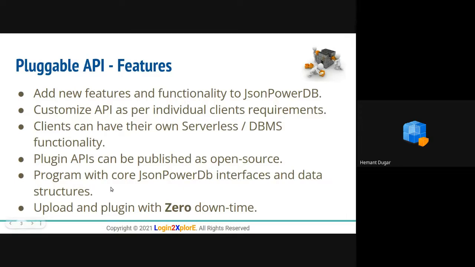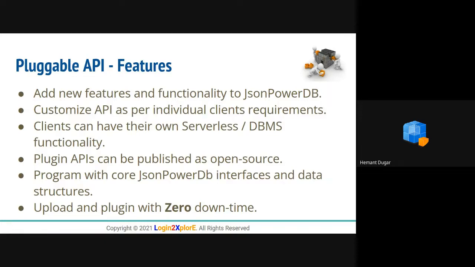So you will have core access to JSON Power DB functionalities. And then you can upload and plug in with zero downtime. Whenever you upload an API to a JSON Power DB instance, there will be zero downtime. On the running instance, you can plug it in and start using it.